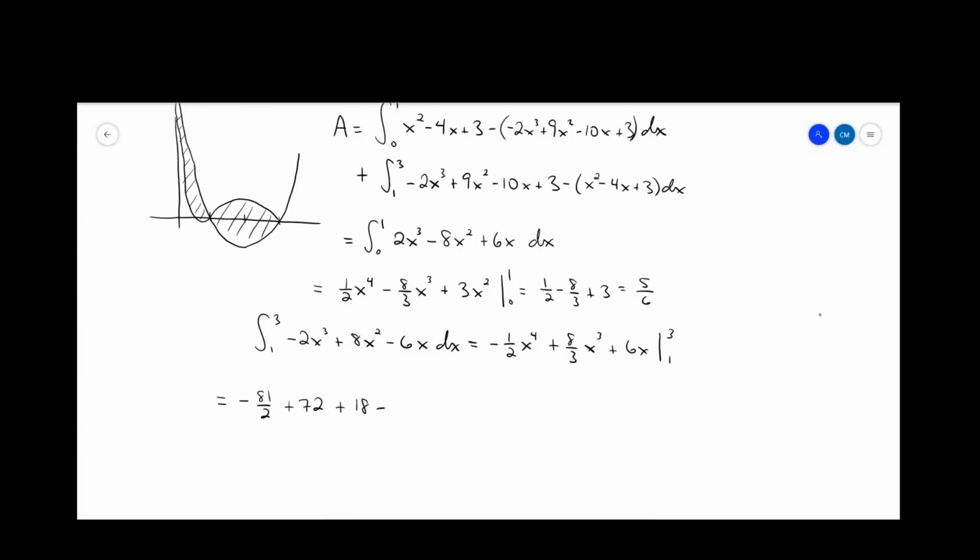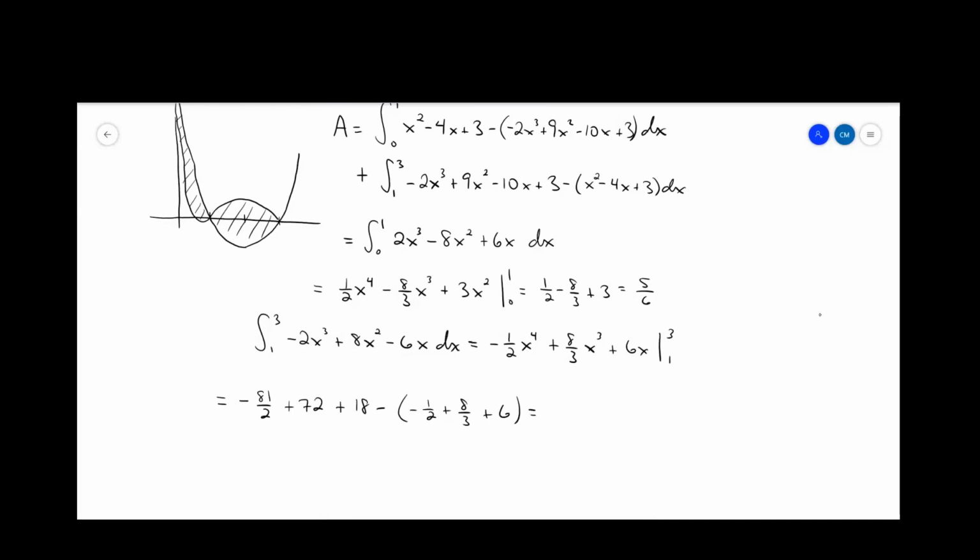Now when I plug in 1, I'm going to get minus 1/2 plus 8/3 plus 6. Okay, so let's see what that gives us when I plug all that in together. 124/3, if I did all that correctly.